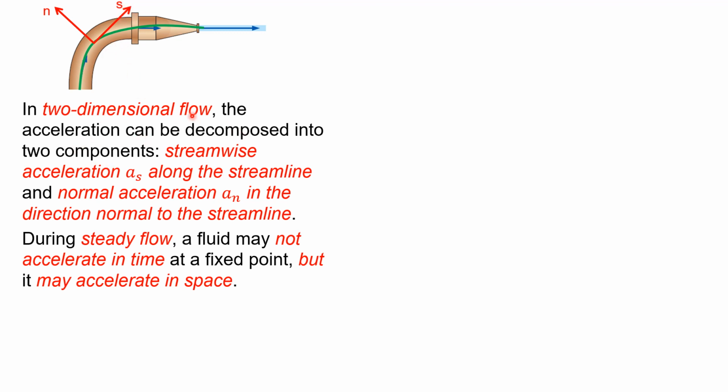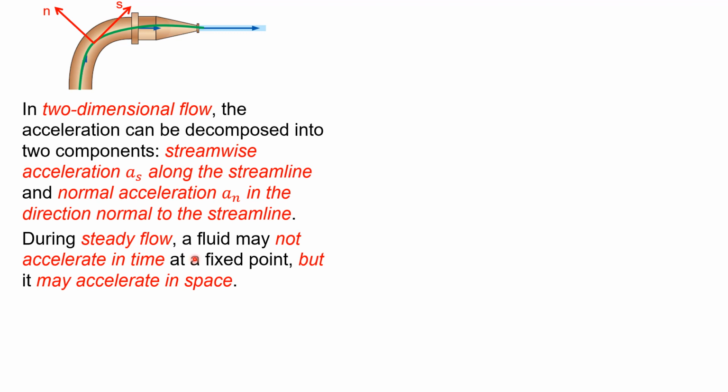Okay, so that's the two-dimensional flow. The acceleration can be decomposed into two components: streamwise acceleration, which is as, along the streamline, and normal acceleration an, the direction normal to the streamline.